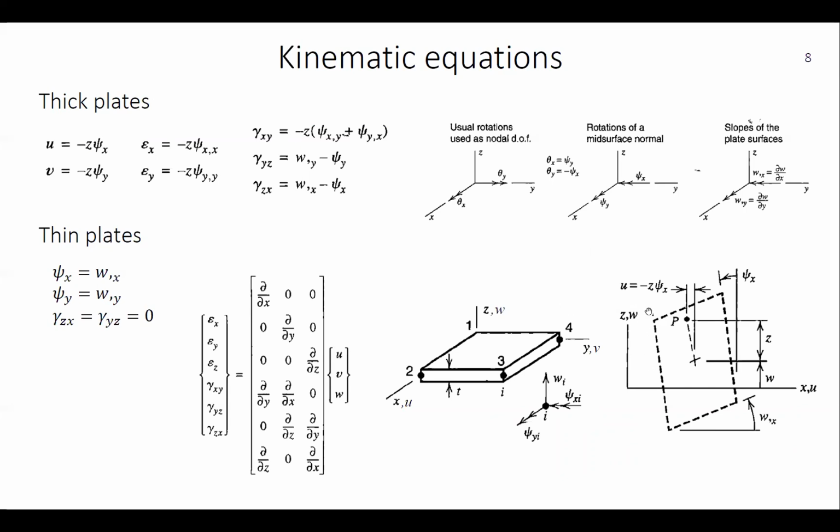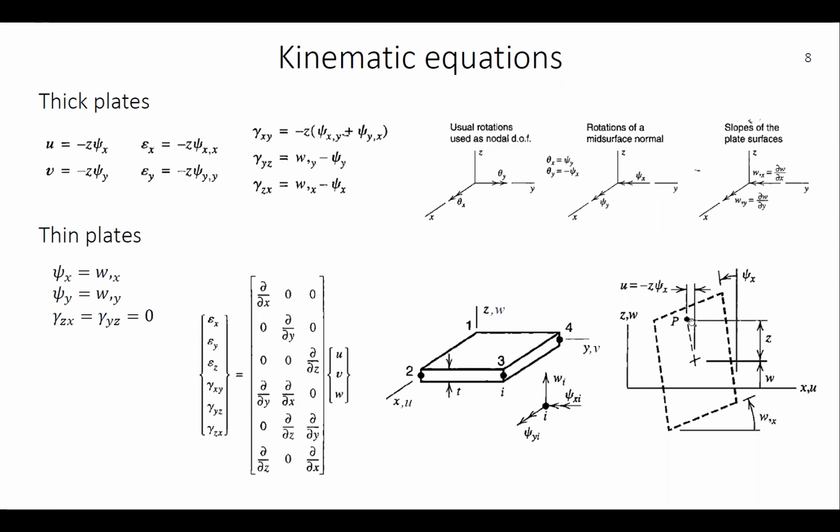So if you look again, now the z direction is illustrated upwards. If we look in the xz plane, cut like so, we define the mid-surface position with a cross here, and we have out of plane displacement w, and we look at some point P here, which is located some distance z from the mid-surface plane.